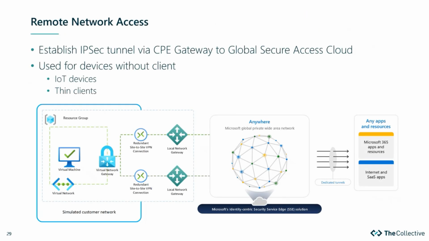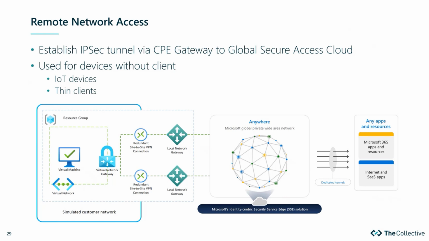Another feature is the remote network access. So I mentioned before the couple of clients that are supported for global secure access, which is Windows, macOS, iOS, Android, etc. But let's say you have a user that is using a thin client, for example, at a remote site in your offices.